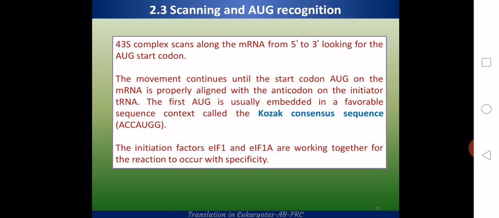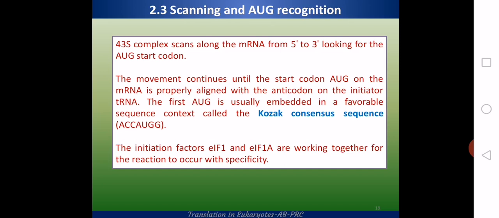Then the next stage of initiation is the scanning for the AUG sequence within the mRNA molecule. The 43S complex usually scans along the mRNA from the 5' direction to the 3' and will search for the AUG start codon. So this movement continues until the AUG is encountered.